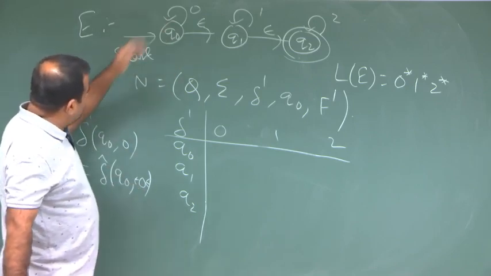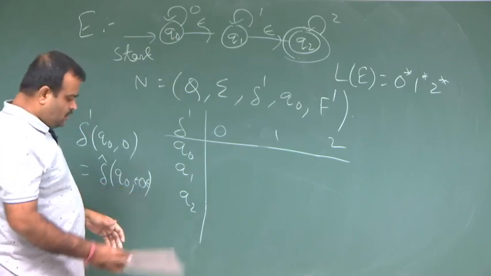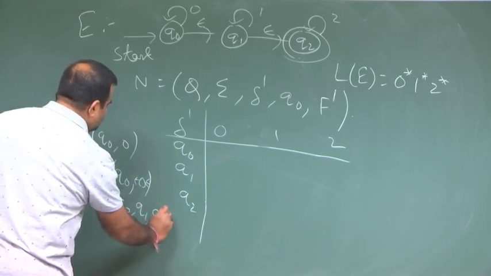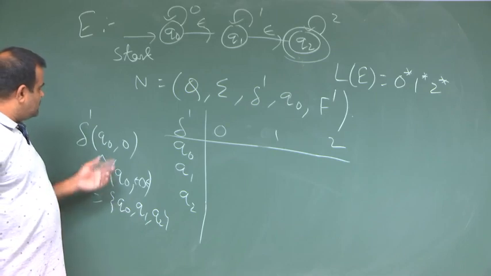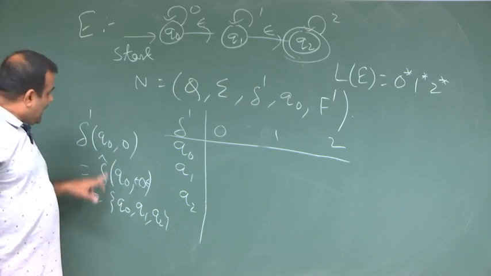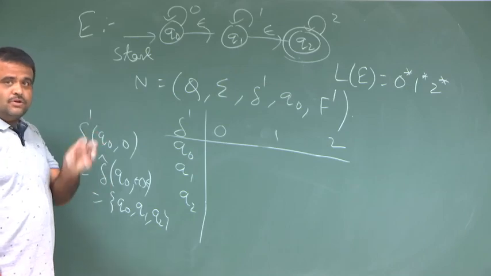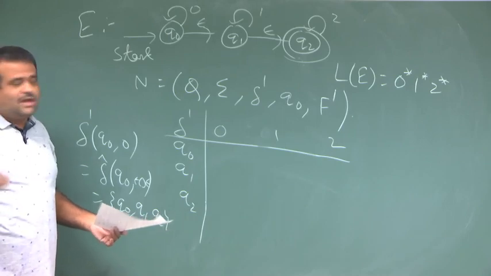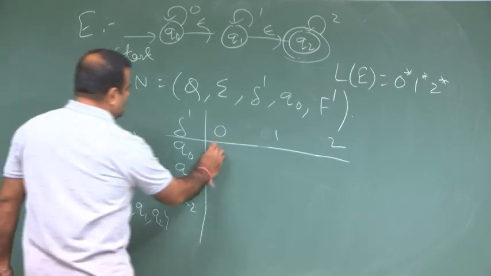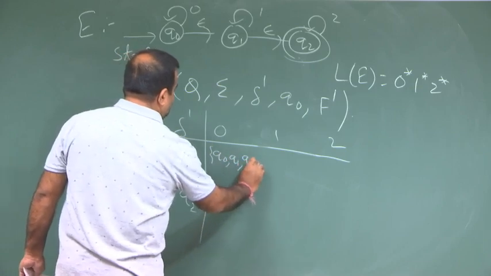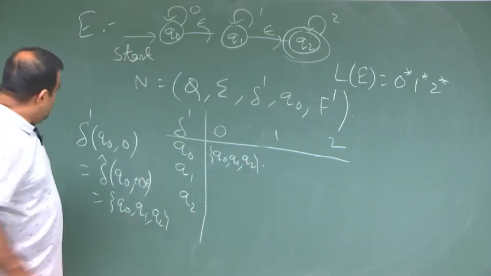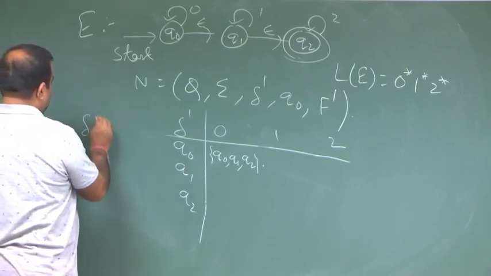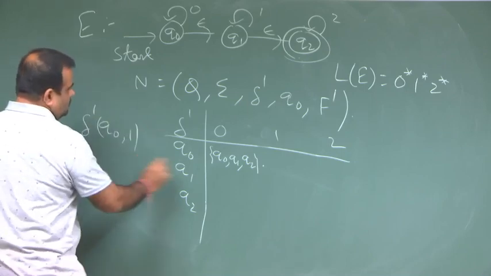From Q0 we can go again to Q0 and then take an epsilon move. So, this will be basically the whole set Q0, Q1, Q2, because each of these states is reachable. We have to include the epsilon closure inside this, because we do not have epsilon move in the normal NFA. So, this is Q0, Q1, Q2. Okay. So, now delta hat of Q0, 1, this we want to find out.